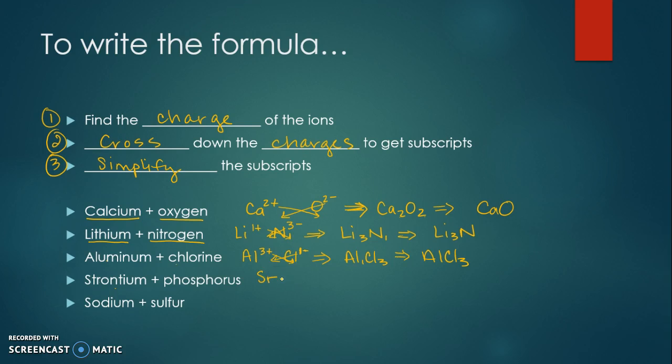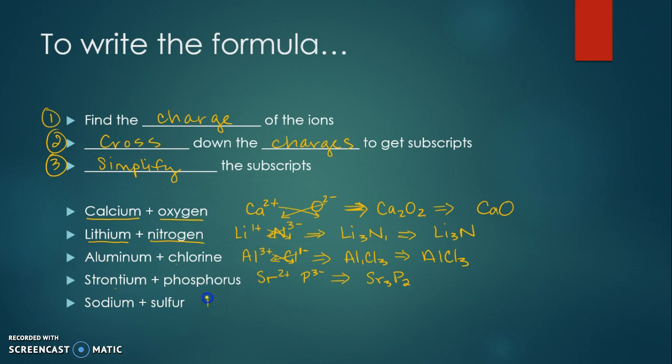Strontium is in group 2, so it's got a charge of positive 2, and phosphorus is under nitrogen, and it's got a charge of negative 3. We cross those down and end up with Sr3P2. Can I simplify that? Well, we can, but we wouldn't have whole numbers, so we're going to keep it just like it is.